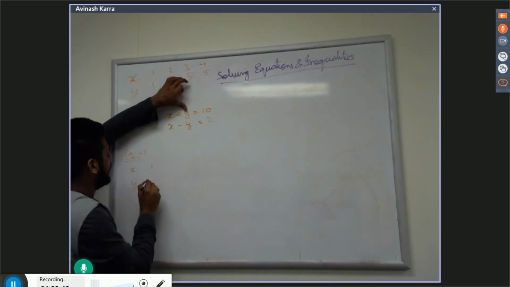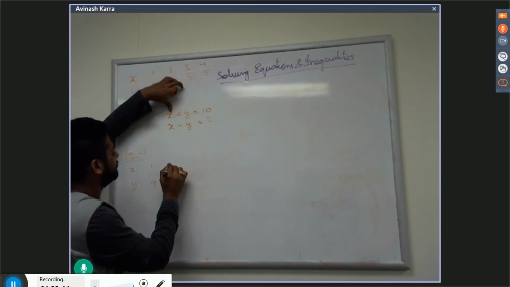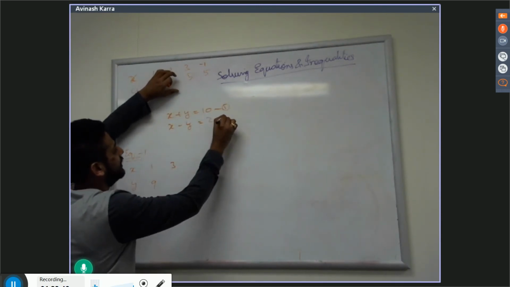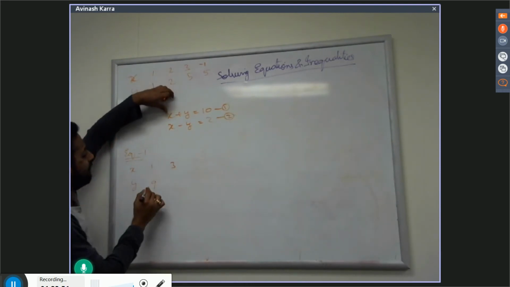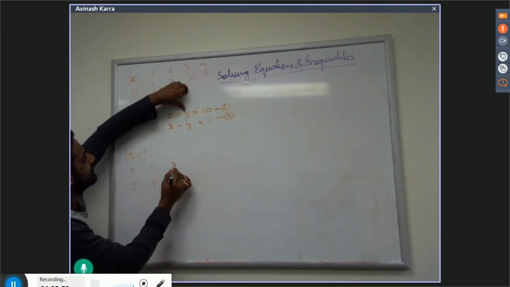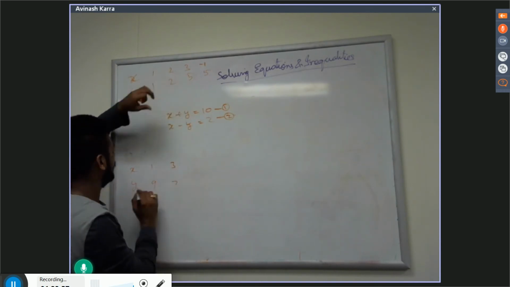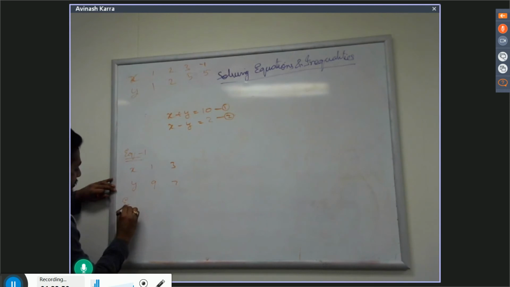Y will be 9. When x equal to 3, let it be equation 1, and let this be equation 2. When x equal to 3, y will be 7. Okay, now take equation 2.